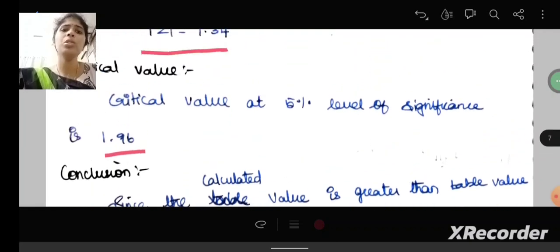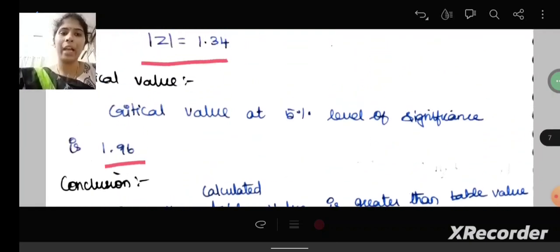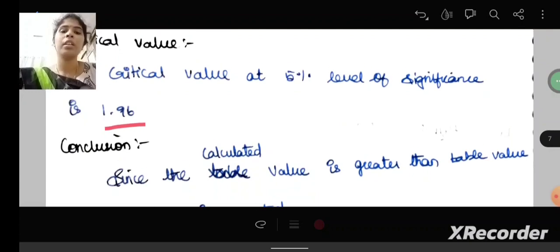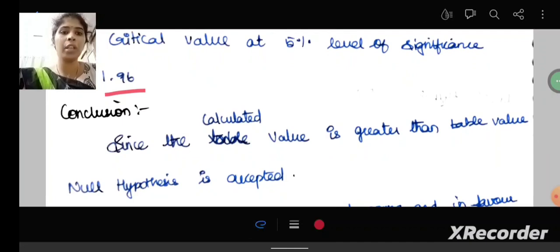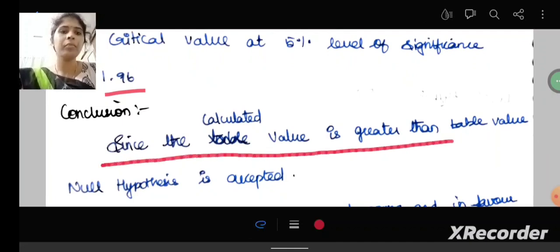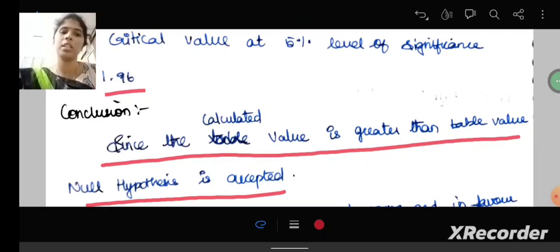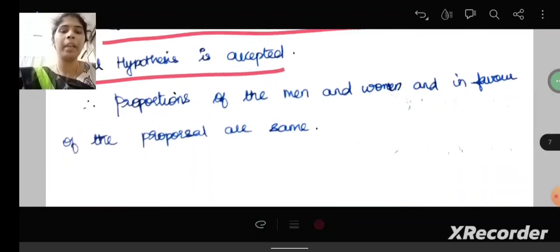Since the calculated value 1.34 is less than the critical value, that is the table value 1.96, we conclude that the null hypothesis is accepted. That is, the proportions of men and women supporting the proposal that the flyover come near their residence are the same, that is 0.5 and 0.5. Thank you.